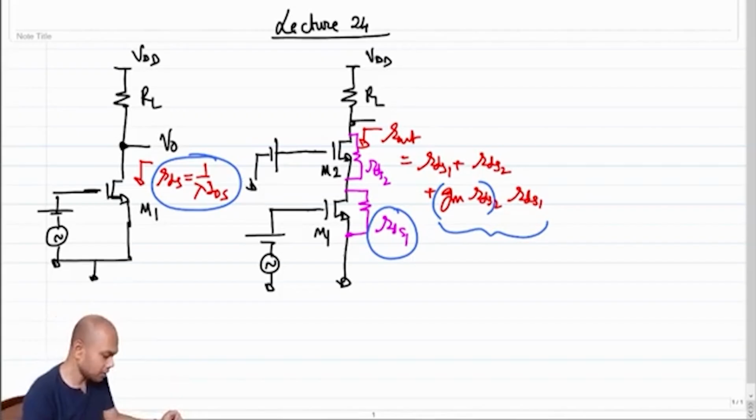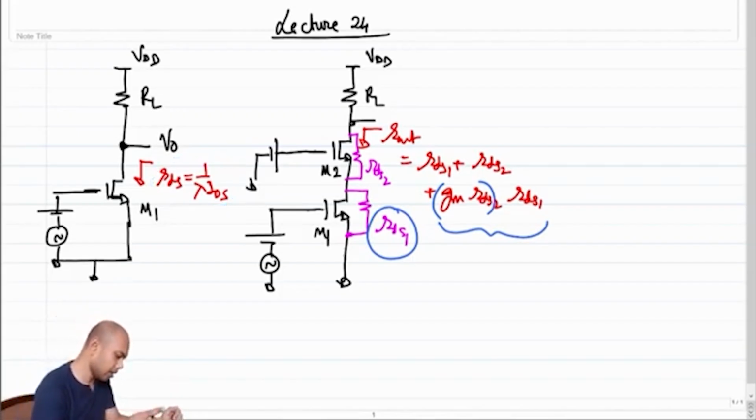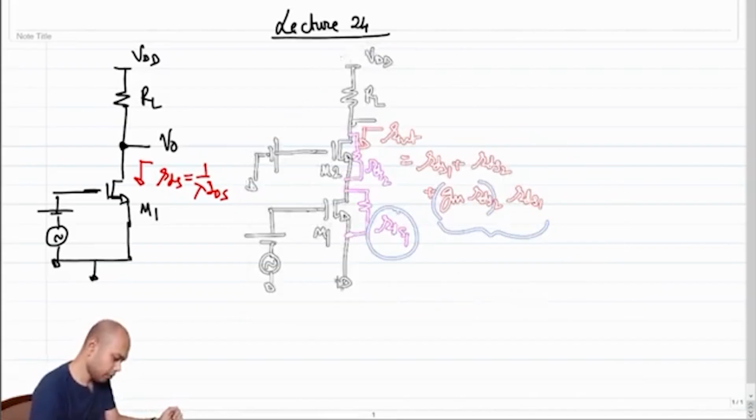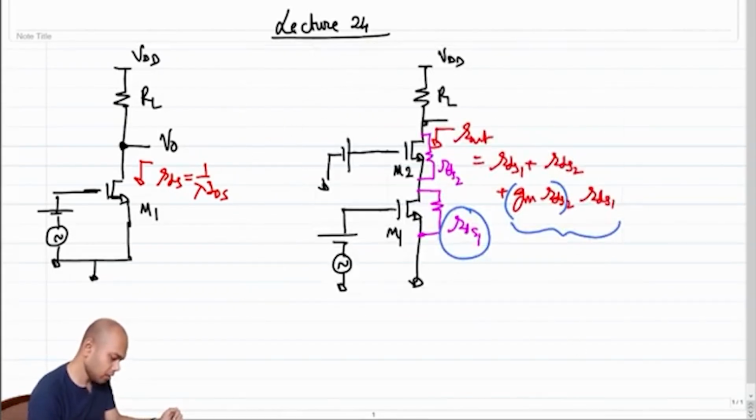So to drive home the point, let me take some numbers and consider this for a few more minutes. Let's say, for example, RDS1, this RDS, for a certain bias current IDS and for a certain lambda, is equal to 10 kilo ohm.